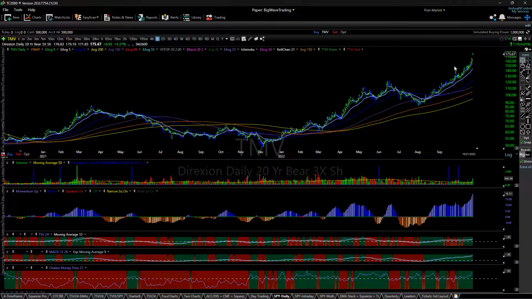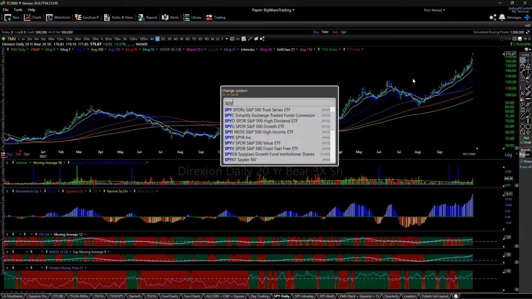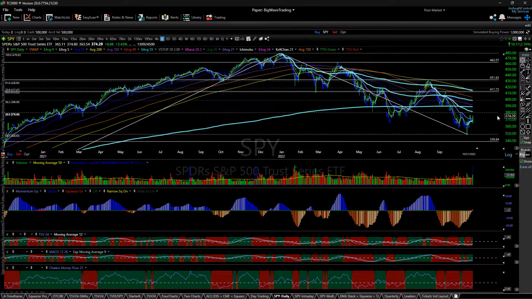And I've got to be honest, guys, if you showed me this chart of yields, based on the previous action before this most recent move up, and you asked me, guess where SPY is at? SPY is at 330 right now, based on price action of yields and how we've been trading correlated to the market. SPY's at 330. But here we are at 374.